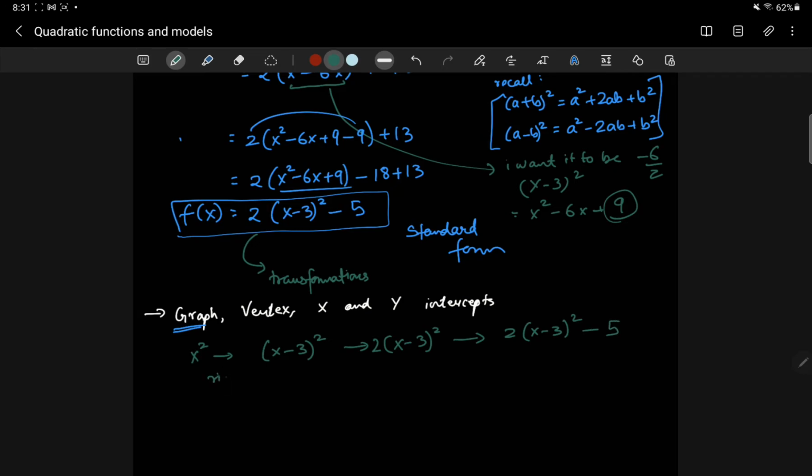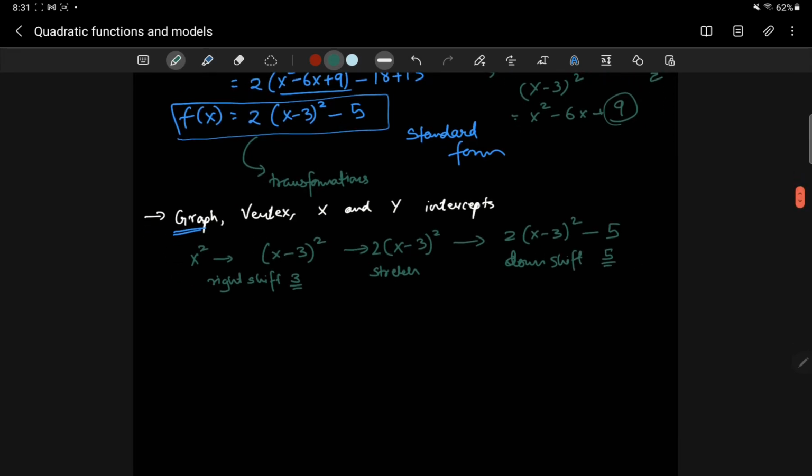So this is a right shift by 3, this is a stretch, and this is a downshift by 5 of the function x squared.